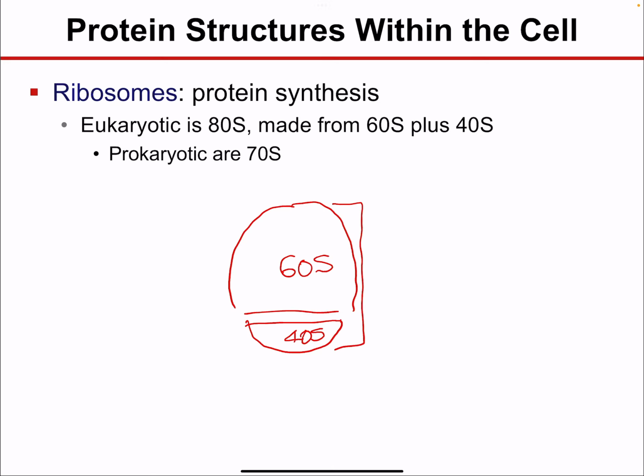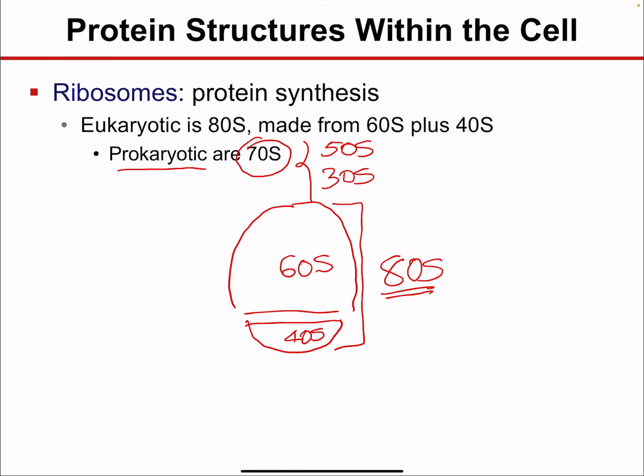Together, the ribosome is an 80S ribosome, which is different from what we saw in prokaryotic cells, where the whole ribosome was a 70S ribosome with a 50S large subunit and a 30S small subunit, right?